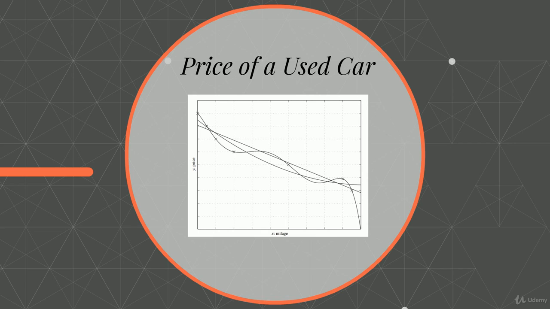You see the sixth order polynomial is dropping off significantly towards the end of our graph on the right side, according to x in mileage, and that's probably not representative of the general trend of this data. So this implies that Occam's razor also applies in the case of regression, and that we should be careful when fine-tuning the model complexity to match it with the complexity of the function underlying the data.